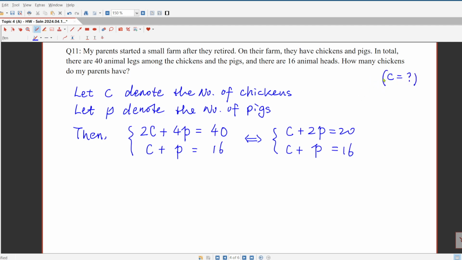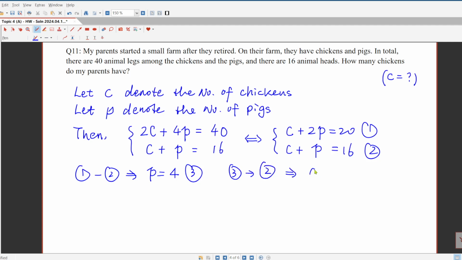So you actually don't have to solve P, right? But let's solve them both here. So we could use number 1 minus number 2. This will give you P equals 4, right? Of course, then you can insert P equals 4 into equation number 2, and this will give you C equals 12, right?